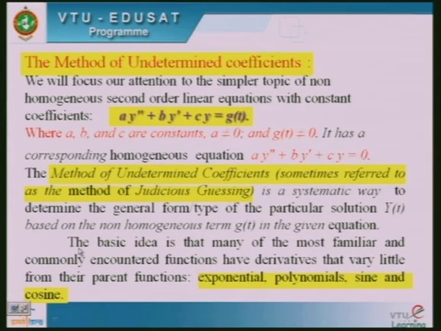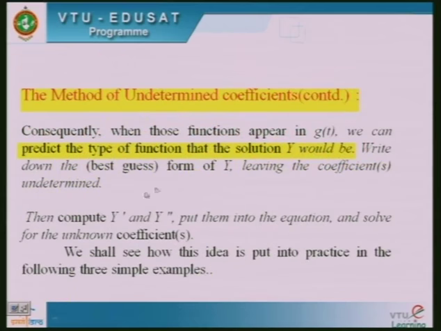So, the basic idea is that many of the most familiar and commonly encountered functions have derivatives that vary little from their parent functions. Parent function means g of t. It may contain an exponential function, or it may be of the type polynomials, or of the type sine and cosine.